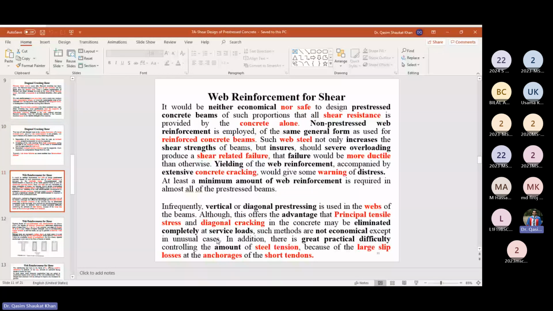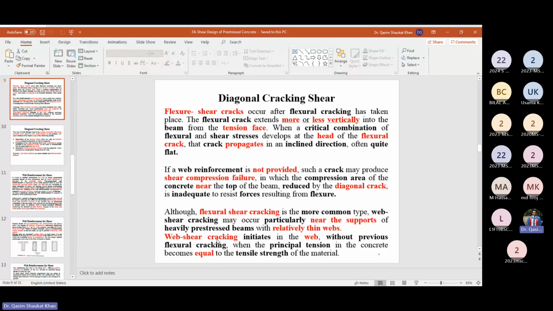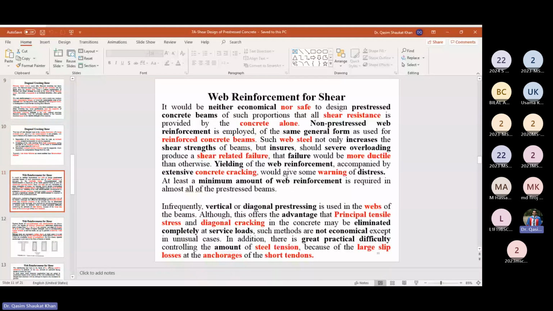Now comes the web reinforcement, because the question here was that if web reinforcement is not provided, then we can have a shear compression failure. But of course, a minimum amount of web reinforcement for shear is always provided in the design.